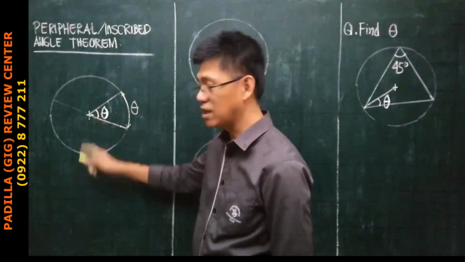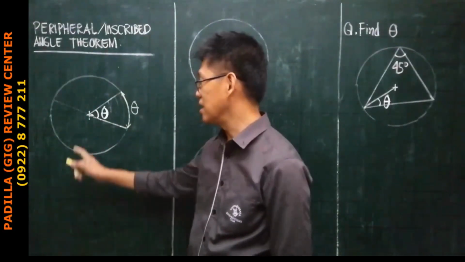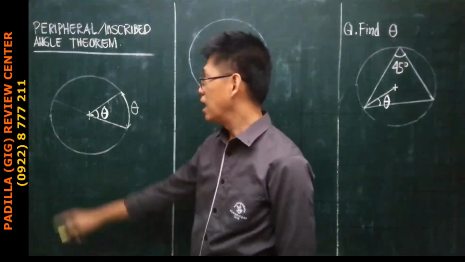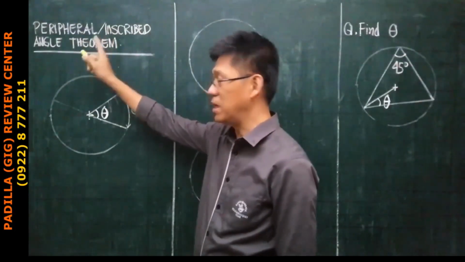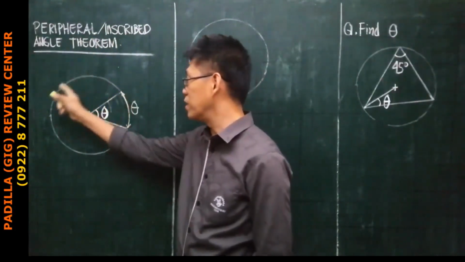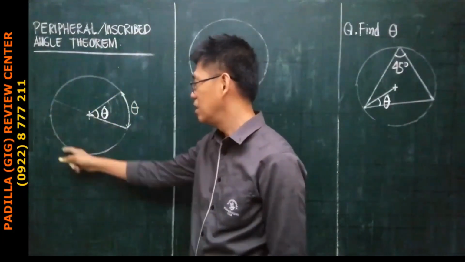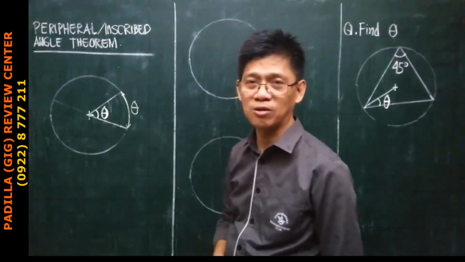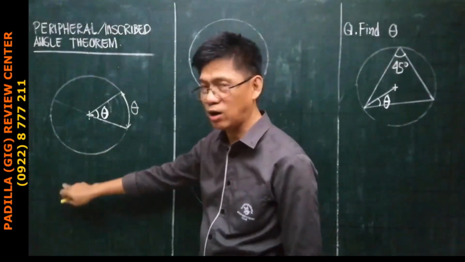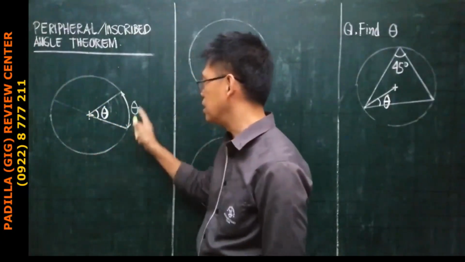Now, what is a peripheral angle? This is called the central angle because its vertex is the center of the circle. A peripheral or inscribed angle is an angle whose vertex is along the periphery of the circle. Not inside, not outside, but on the periphery.